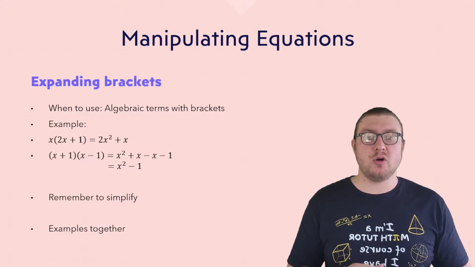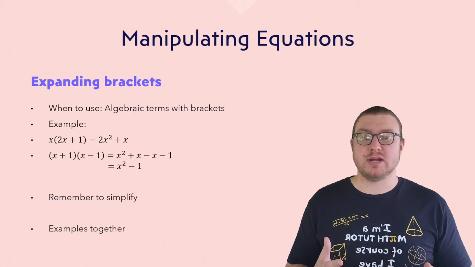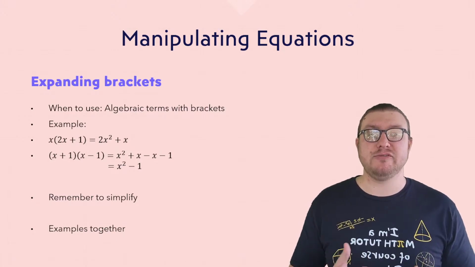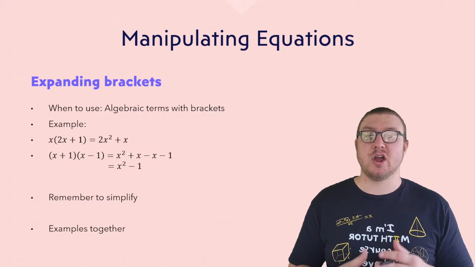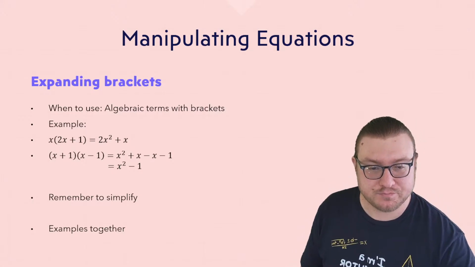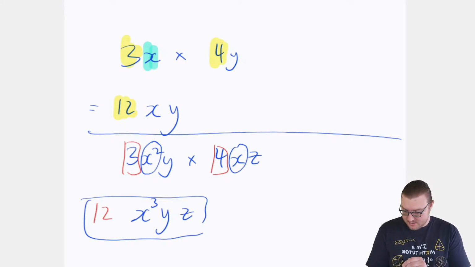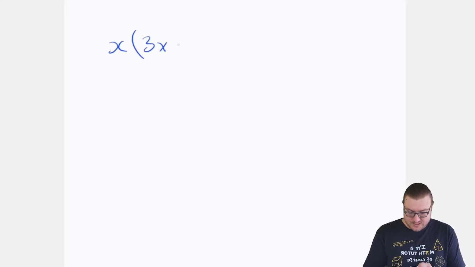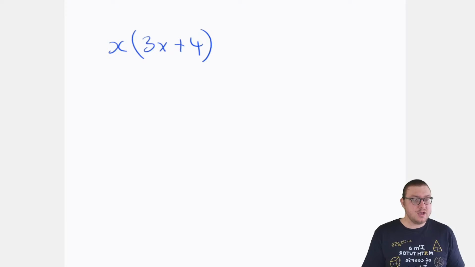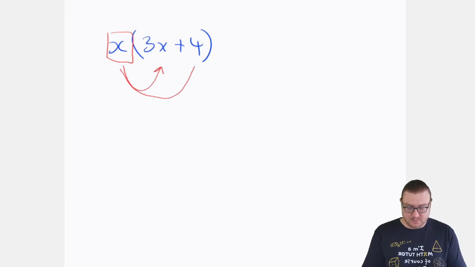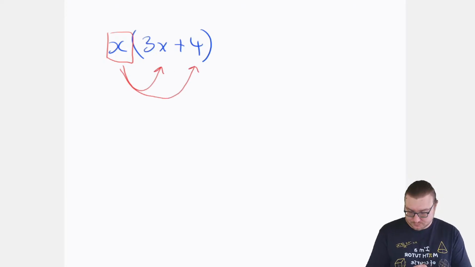You should know that when you expand brackets, the goal is to get rid of the brackets and leave you with something that is plus or minus, no longer multiplied. Let's have a look at a couple of examples. If we have x times 3x plus 4, when we want to expand this, whatever is in front of the brackets, we multiply with each term in the brackets.